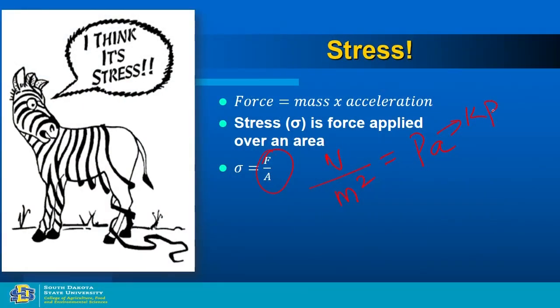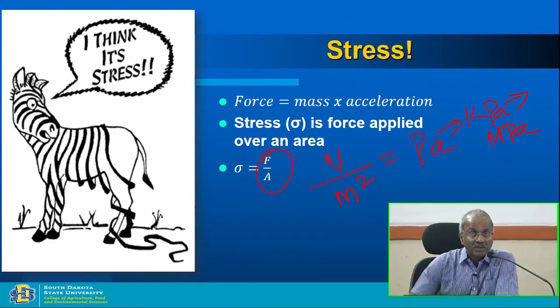But typically for food materials, depending upon how big the sample is, it can go into kilopascals or megapascals. If you look at the data in the literature, a lot of samples you may get in megapascal numbers. So you need to understand that also. You need to have an appreciation for the units here.